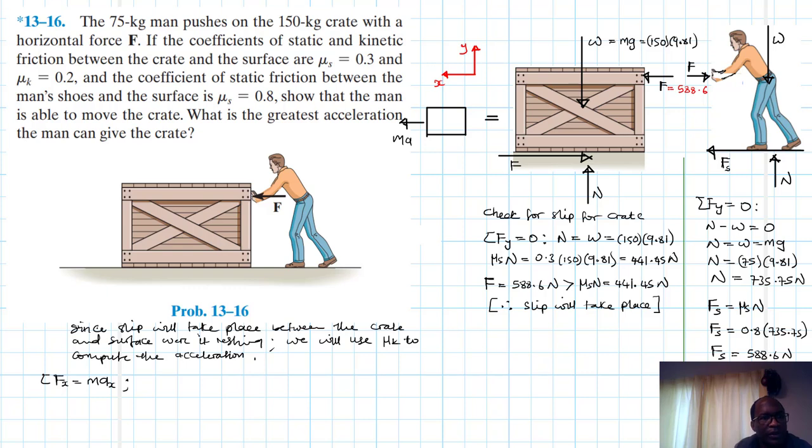All right. So we know that we have F minus Fk, which is going to be equal to max, and our F is just 588.6.